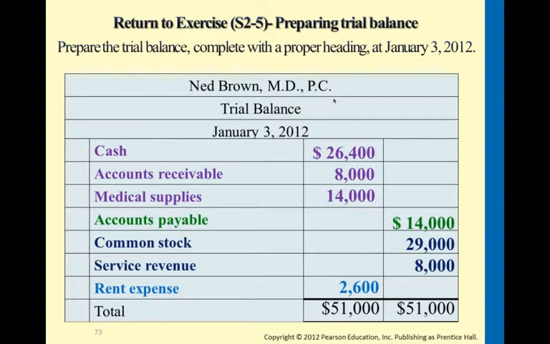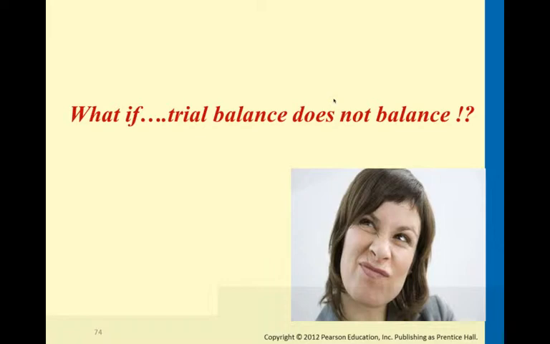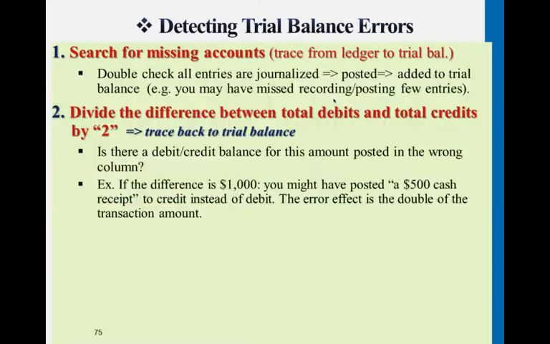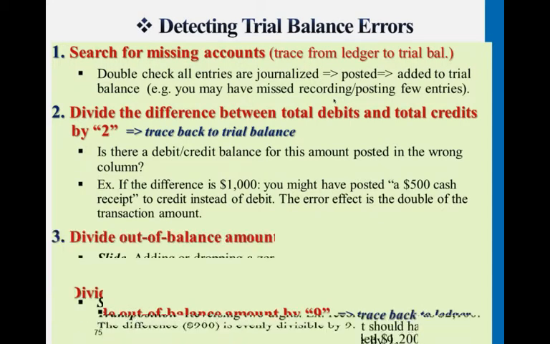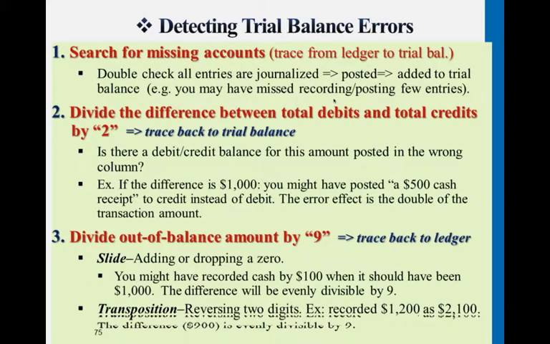Now, there are some exceptions here. In case you find the left does not equal the right, there are some shortcuts that may help you trace back some of the transactions, to find which ones really have problems, which ones you actually mistakenly posted to the other side. Okay, so specifically the second and the third will be the ones that we consider as shortcuts.